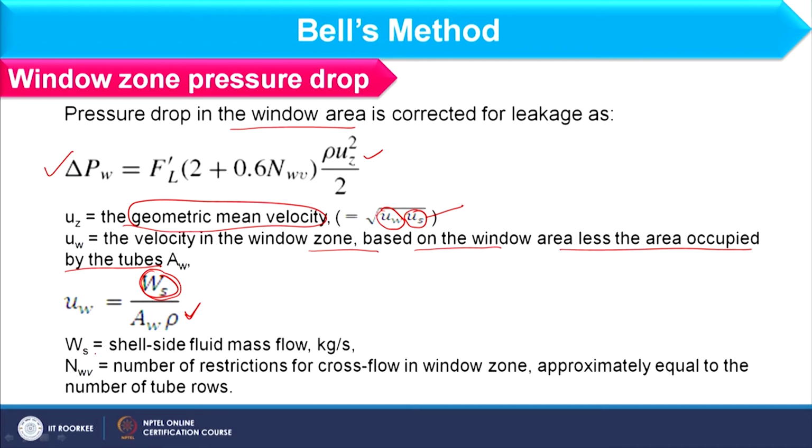So, here WZ I have already explained, and finally you have to consider NWV, because NWV is also required in the pressure drop in the window zone. NWV is basically the number of restrictions for cross flow in the window zone, approximately equal to the number of tube rows in the window zone. Now, what is NWV? If you remember, NCV is the vertical tube rows within baffle tips, which we consider as tube rows in the cross flow zone.